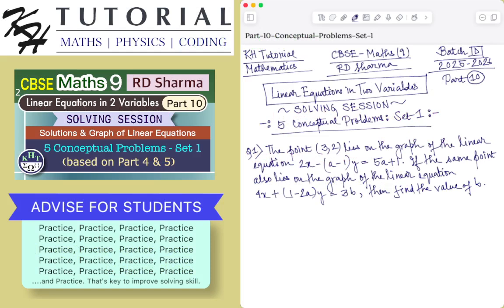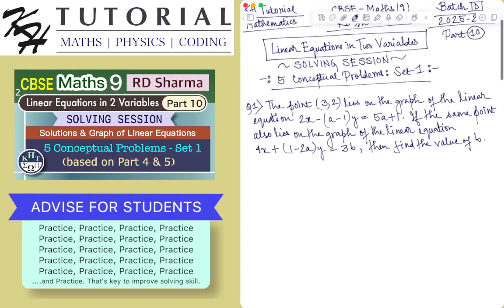Okay, the first problem says that the point (3, 2) lies on the graph of the linear equation 2x minus (a minus 1)y is equal to 5a plus 1. If the same point also lies on the graph of the linear equation, an equation is given, then find the value of b.